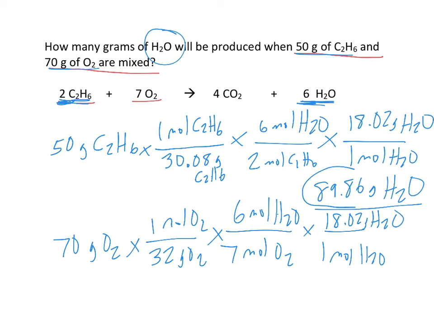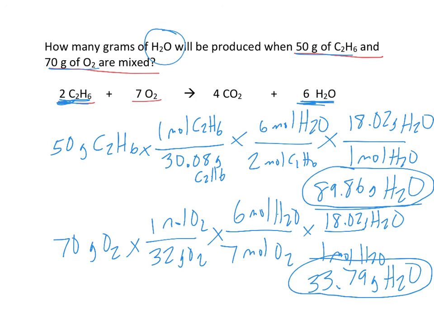Okay, so if I multiply all of that, this is from the previous one. So I got 70 divided by 32 times 6 divided by 7 times 18.02. I get 33.79 grams of water.